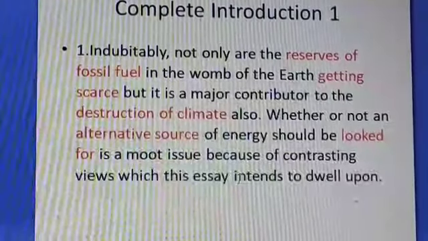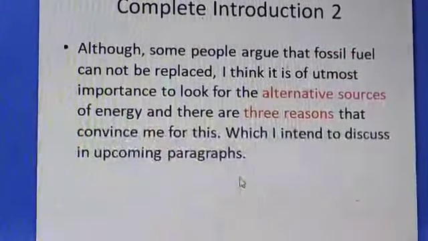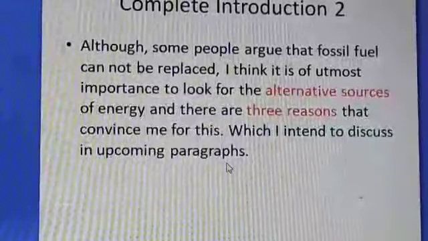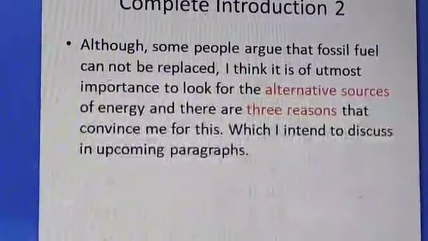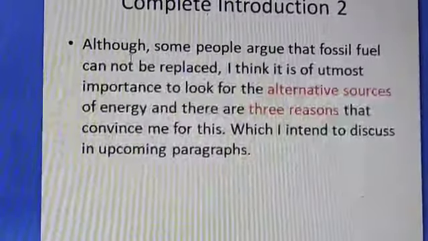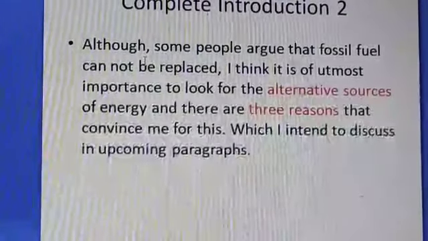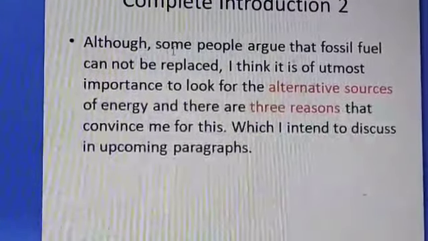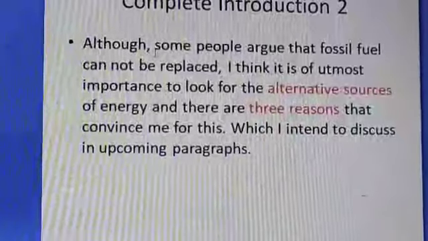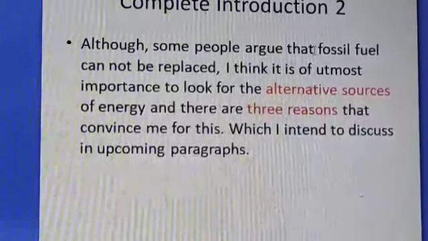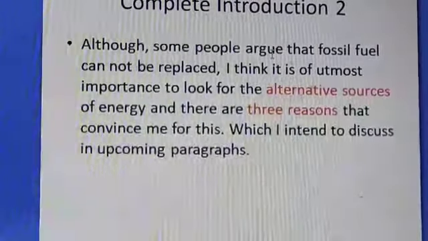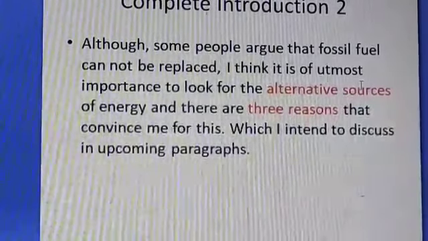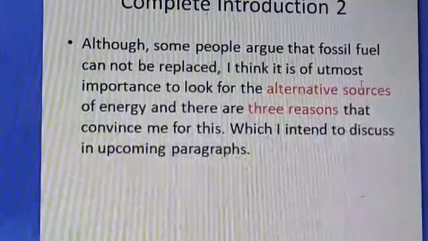And in case you are taking the second approach, the complete introduction would look like this. As you can see, it starts with a concession clause, and then emphatically you prove your viewpoint. So it goes like, although some people argue that fossil fuel cannot be replaced, I think it is of utmost importance to look for the alternative sources of energy.